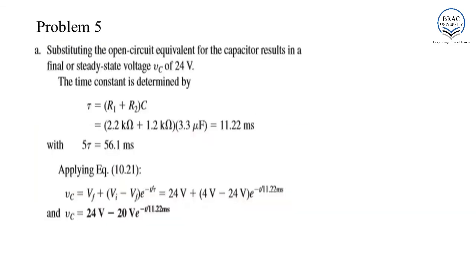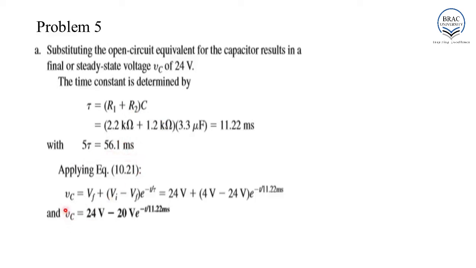This network has two resistors connected in series, that is R1 and R2. Thus, the time constant is determined by using both R1 and R2. That is, tau equals (R1 plus R2) times C. In that case, tau will be equal to 11.22 milliseconds and 5 tau will be equal to 56.1 milliseconds.